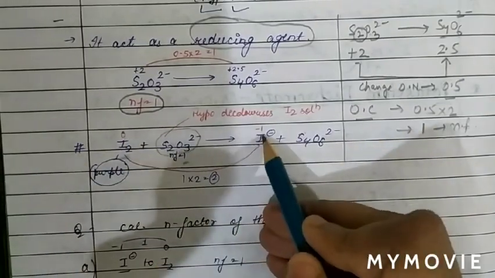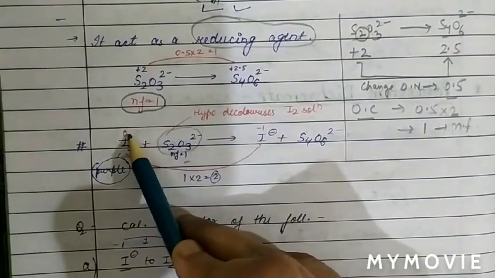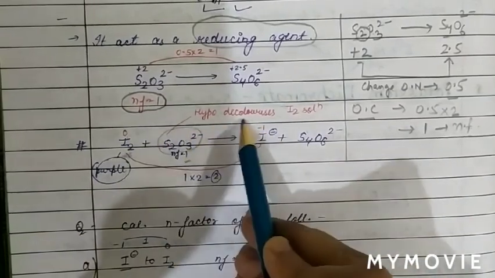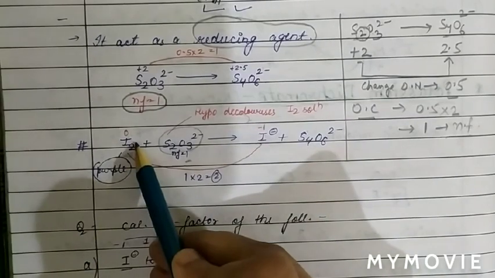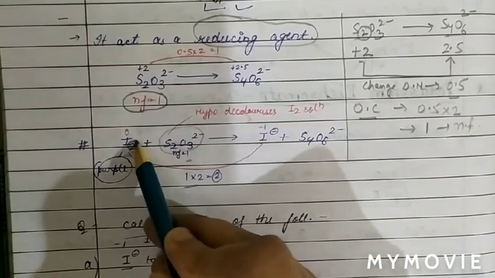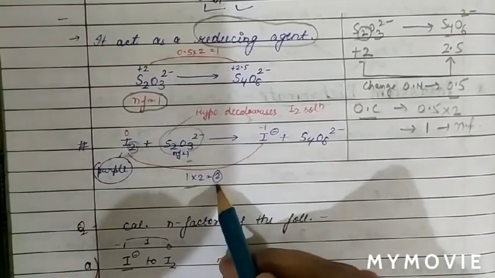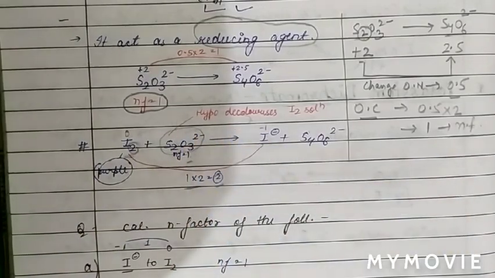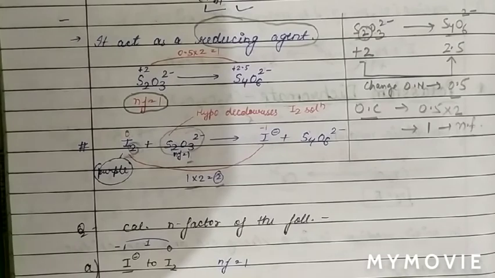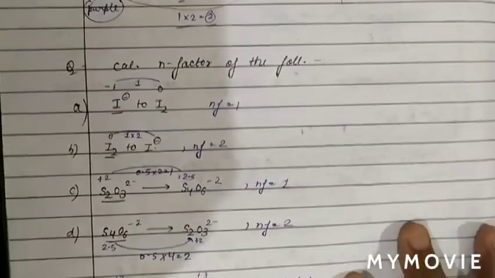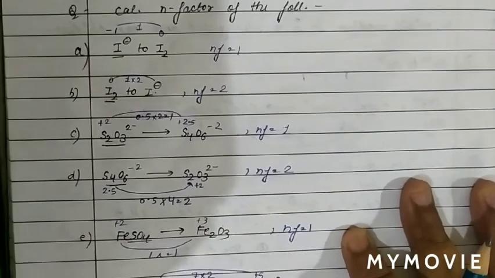Now we will solve the questions based on the n factor. See, we have calculated the n factor for the following. The first case is we have to find the n factor when I minus changes into I2. See, when I minus changes into I2, there is an oxidation state change from -1 to 0.